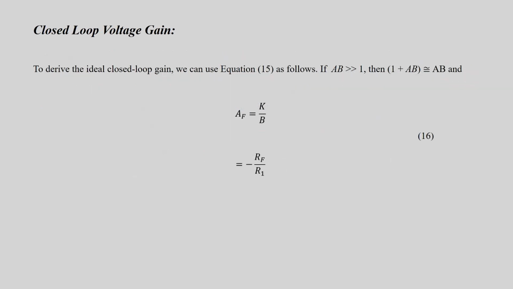To derive the ideal closed loop equation, we can write that if AB is much greater than 1, then 1 plus AB is nearly equal to AB, which makes AF equal to K by B, and from here we can write AF is equal to RF by R1. That is the result from this one line diagram.